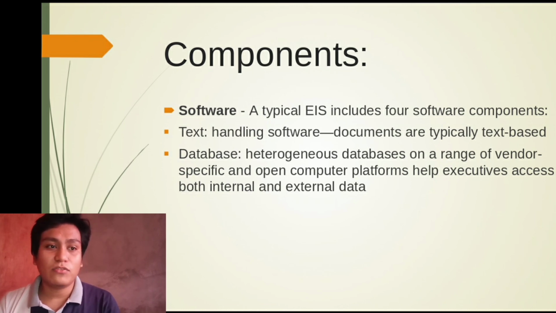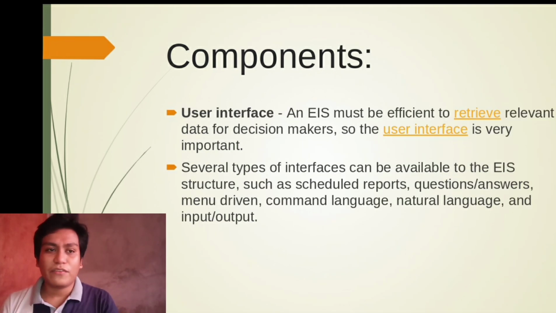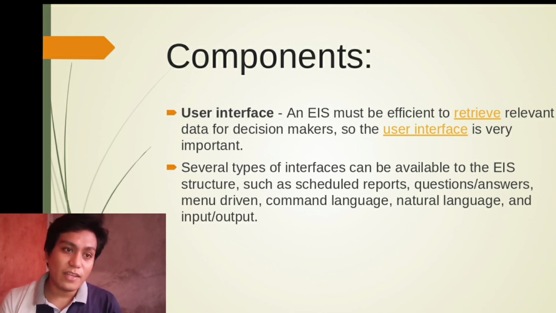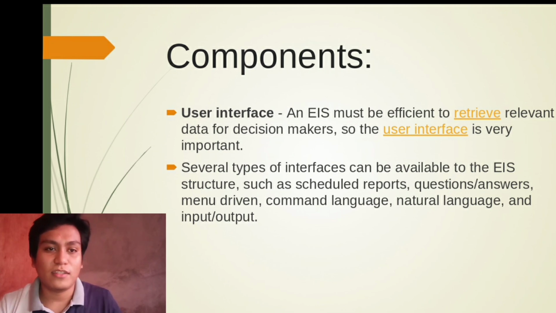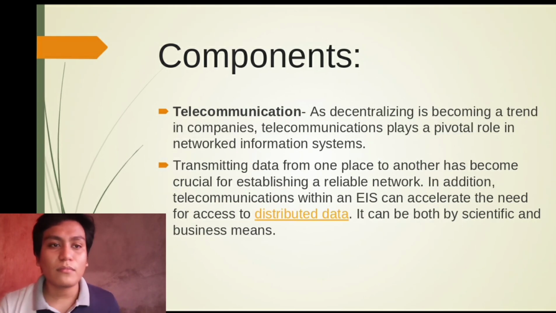A typical EIS includes software components: text base, database, graphic base, and model base. The user interface must be efficient to retrieve relevant data for decision makers, so the user interface is very important. Several types of interfaces can be available to the EIS structure, such as scheduled reports, question answers, menu-driven, command language, natural language, and input and output.